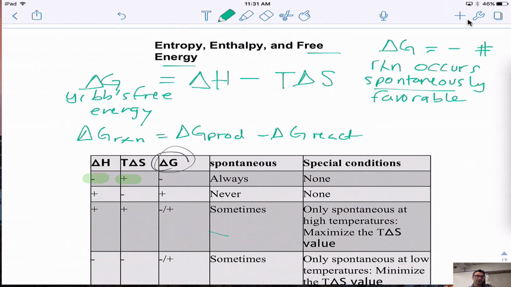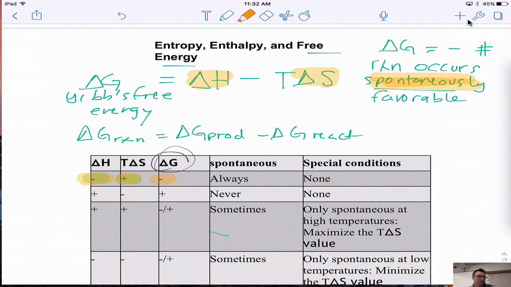So when delta G is negative, it's negative because of the values of delta H and delta S. Remember, we said that delta H, when it is favorable, will be negative, it'll be exothermic. Delta S, when it's favorable, will be positive. Notice, when we look at delta G for these delta H and delta S values, delta G is negative.